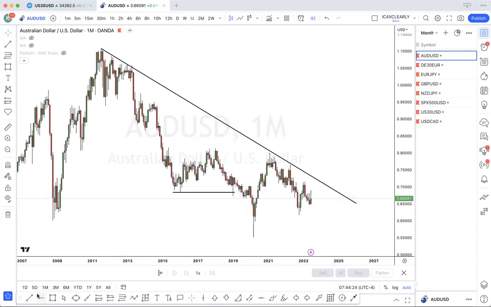And then you have a small break here. And then price broke structure.